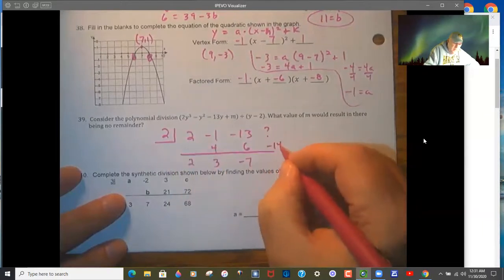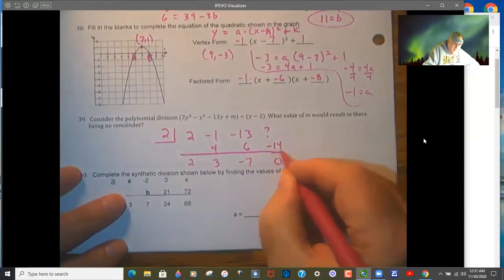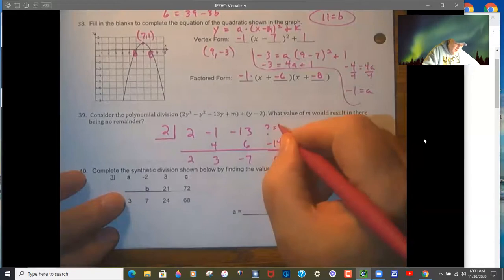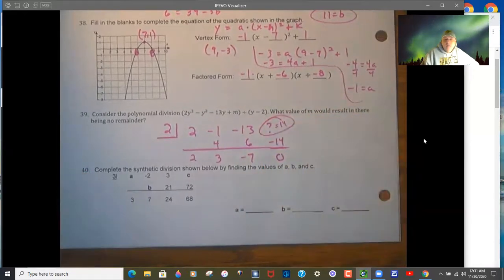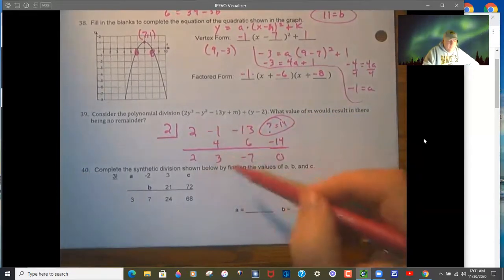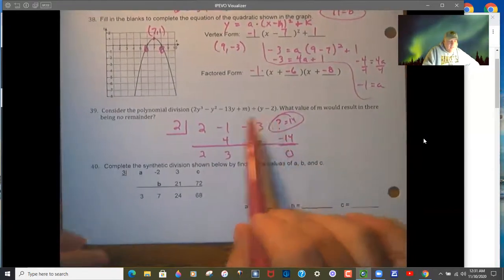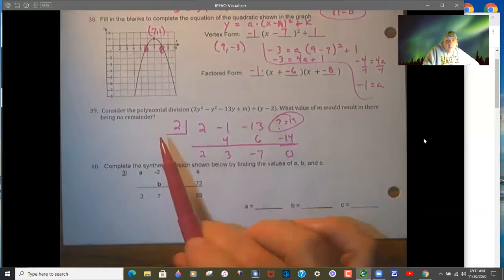That would go here. And we want the remainder to be 0. Well, what does question mark have to be? 14. Remember, all you're doing is adding and then just taking that product by the 2. Don't forget it's opposite. It's what makes the 0 that goes here.